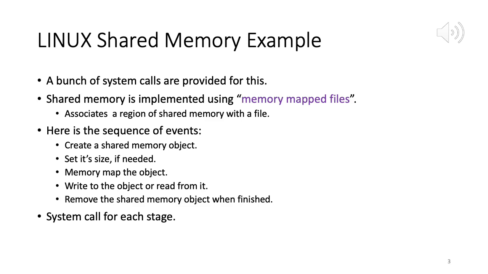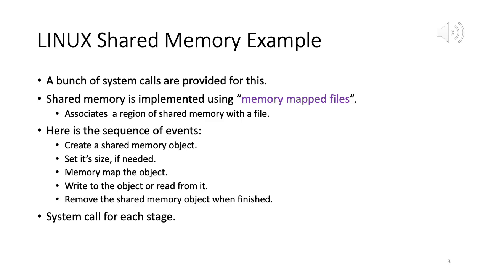Here is the sequence of events. First, create a shared memory object, with a system call for that. Set its size if needed. One input parameter we need is the size of the shared memory object, which we can specify. It may have a default size also.